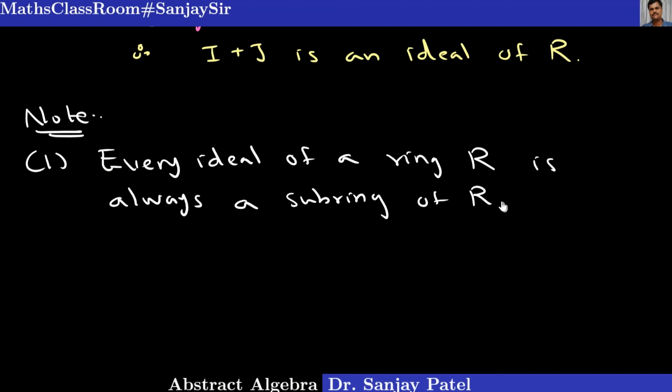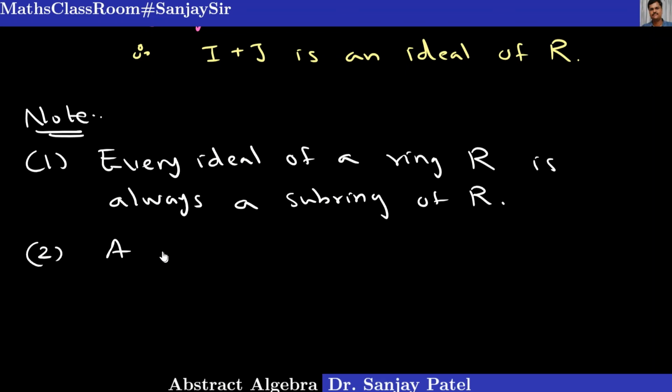What do we want in a subring? It is a subgroup as well as closed with respect to multiplication. In fact, a subring is nothing but a ring only. So you need to prove only two conditions, as you know, and both the conditions are there in the definition of ideal. So it is obvious that every ideal is a subring of R, but the converse is not true.